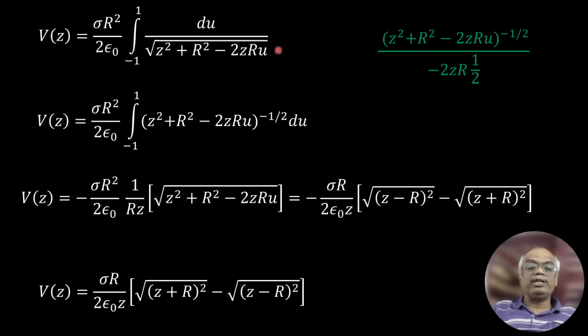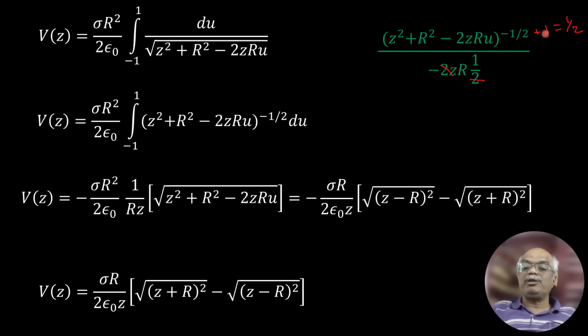Now we have to carry out this integral. This can be rewritten as the term z squared plus R squared minus 2zRu, to the power minus half. If you integrate this, you have to add 1, so minus half becomes plus half, and you divide by one half. Then, integrating minus 2zRu gives you minus 2zR, and the 2 will get cancelled.